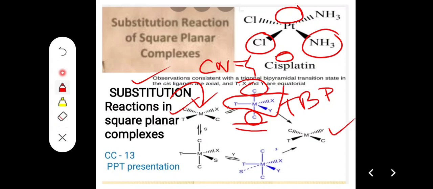But this can also be described by the solvent path. Solvent path means the solvent molecule first attacks and produces some intermediate state. After that, the nucleophile attaches to it. First the solvent reacts and produces some product, and then the nucleophile attacks. This is called the solvent pathway.